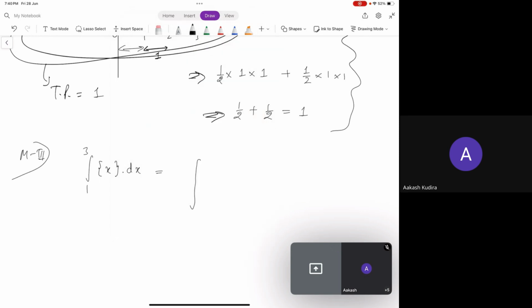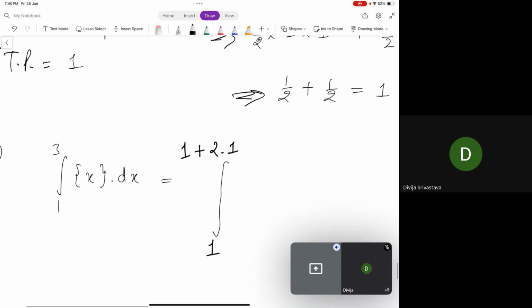Now tell me, is it the same limit? Yes sir. It's the same limit, 1 to 3 again. But here, this is a, this is n, this is t.